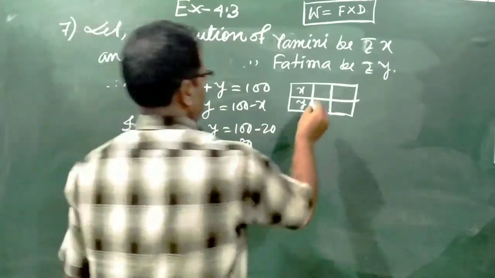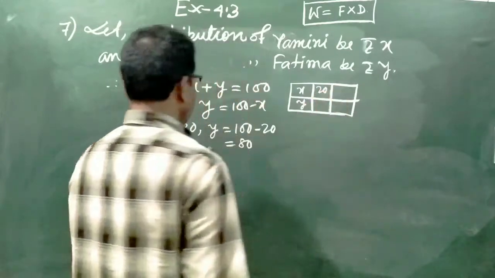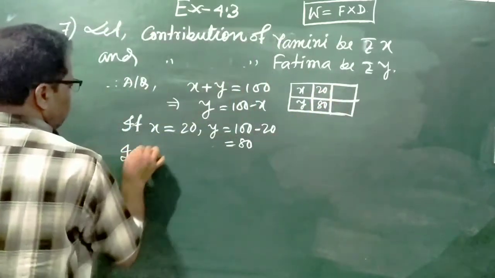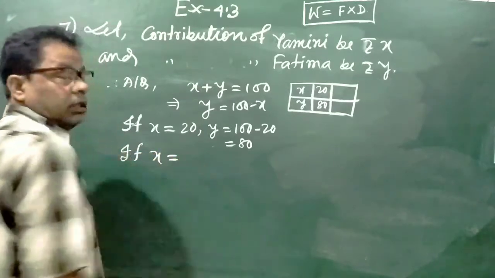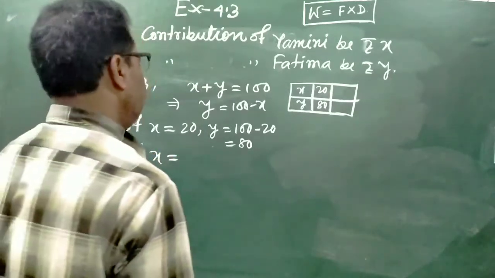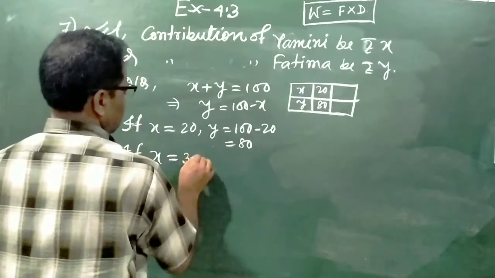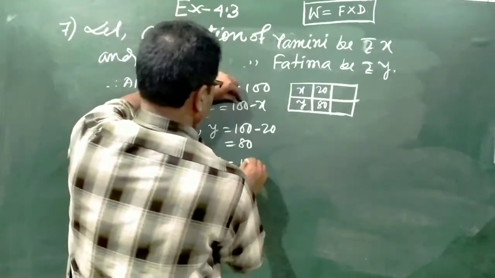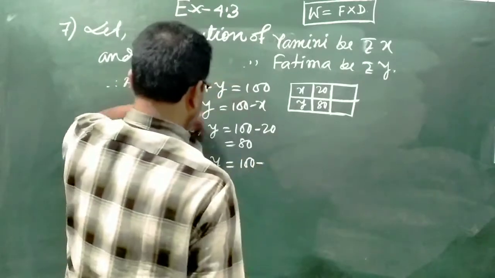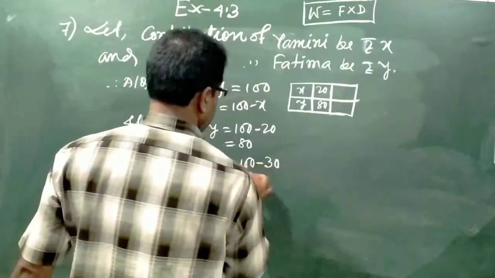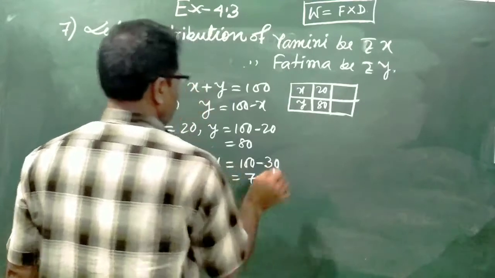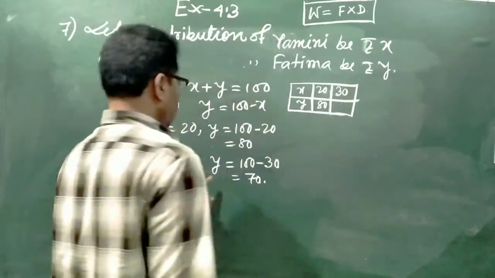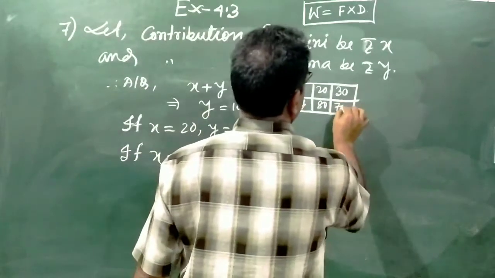So if X is 20, we have got Y is equal to 80. Again another value of X, 30, 40, 50, in this way you can take any value. So if it is 30, then the value for Y is going to be 100 minus 30, it is 70. So when X is 30, we have got Y is equal to 70.